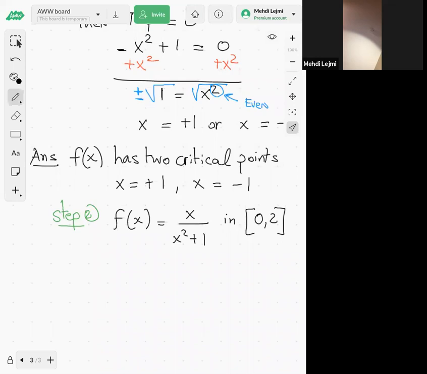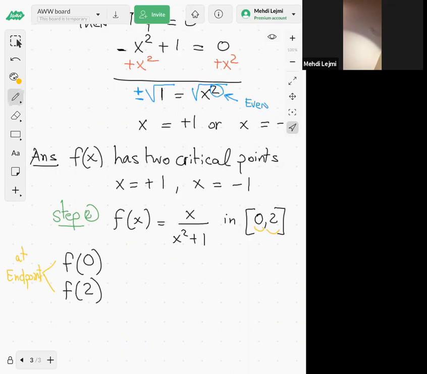Here, just be careful, guys. First, the endpoints. What are the endpoints here? The endpoints are 0 and 2, so I have to evaluate f of 0 and f of 2.